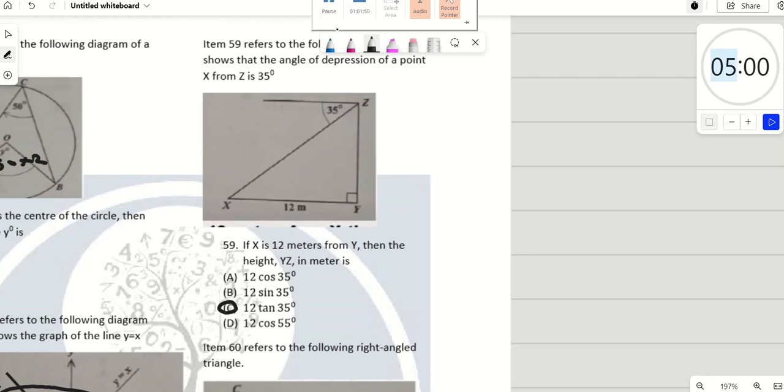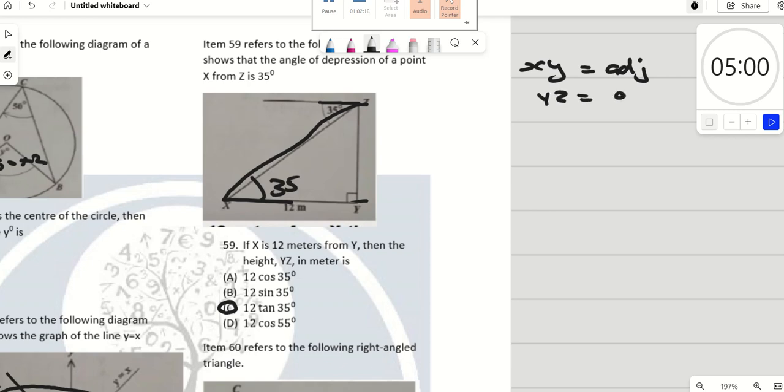Okay. So when they say if x is 12 meters from y, then the height of yz in meters is. So we want this side here, right? We've seen a z angle, so therefore this angle here is 35. So if we have this angle here, then xy now becomes my adjacent and yz becomes my opposite.